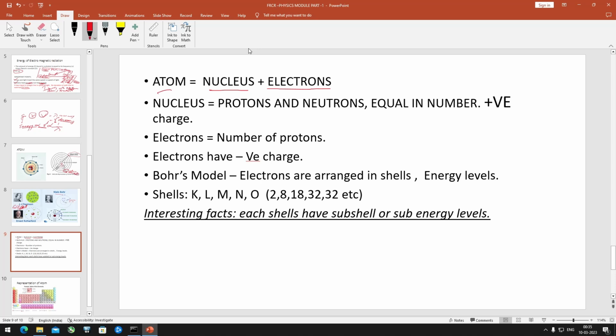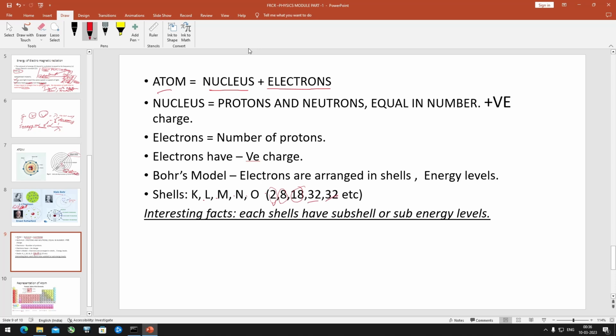We have K, L, M, N, O. The order of arrangement according to the Rutherford model is that the K shell has 2 electrons. This is the maximum capacity which each shell can hold. The K shell can only hold up to 2 electrons, the L shell up to 8 electrons, and similarly the M shell up to 18 electrons.